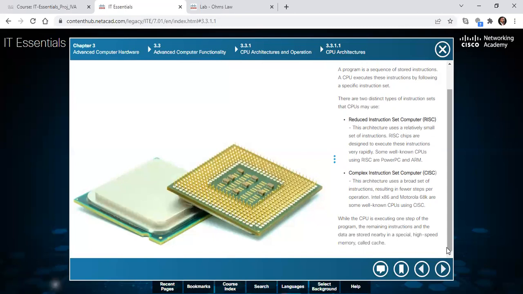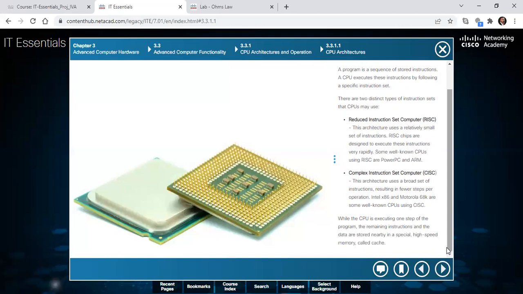RISC chips are designed to execute these instructions very rapidly. Some well-known CPUs using RISC are PowerPC and ARM. Okay?